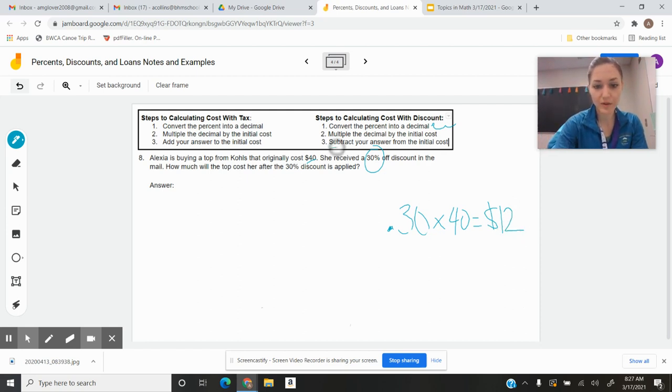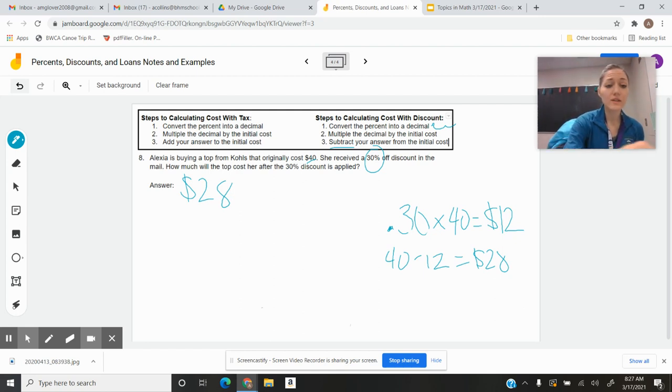Now I'm just going to subtract my answer from the initial cost. So I'm going to take 40 minus 12 and that is 28. Not too bad. So my answer would just be 28.